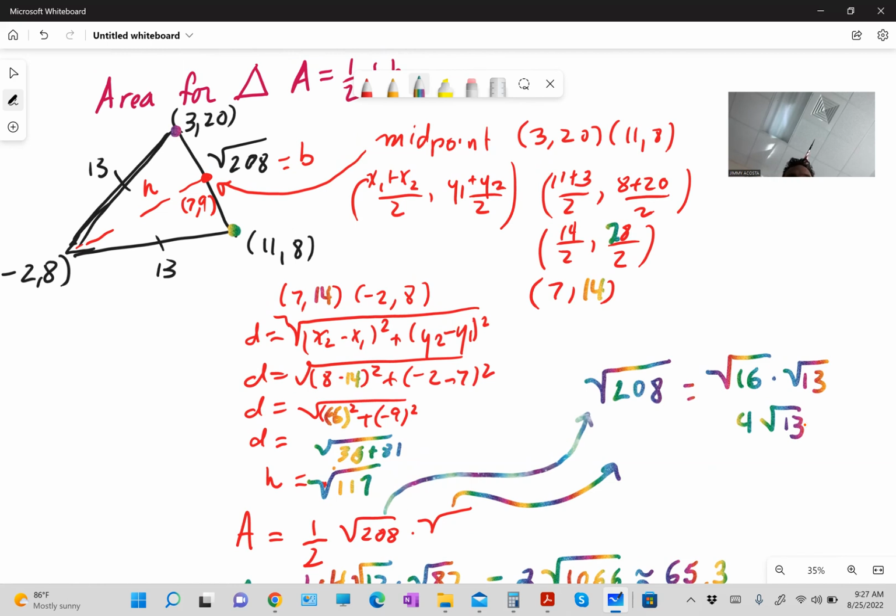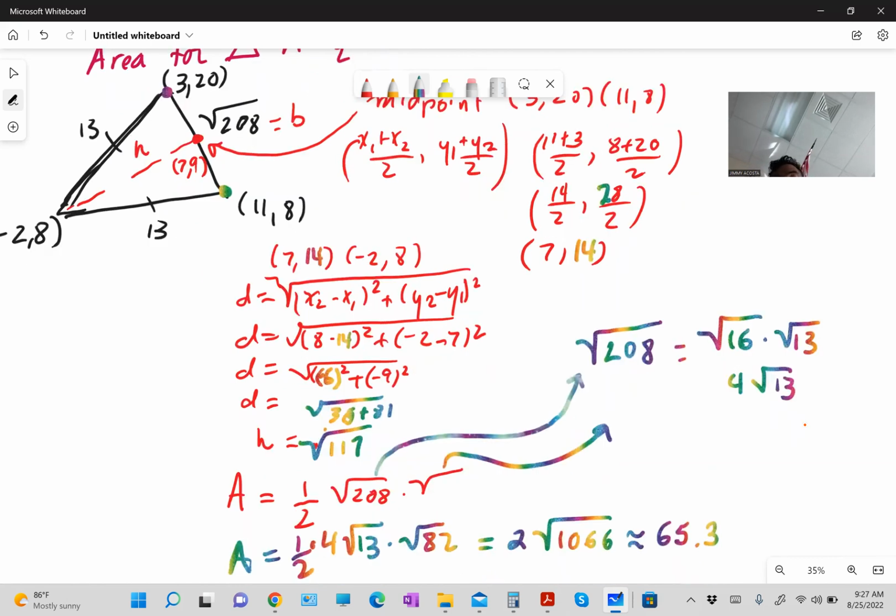Three plus 11 is 14 divided by 2 is 7. 20 plus 8 is 28 divided by 2 is 14. Great. 8 minus 14 is -6. Squared, 36. -2 minus 7 is -9. 117.